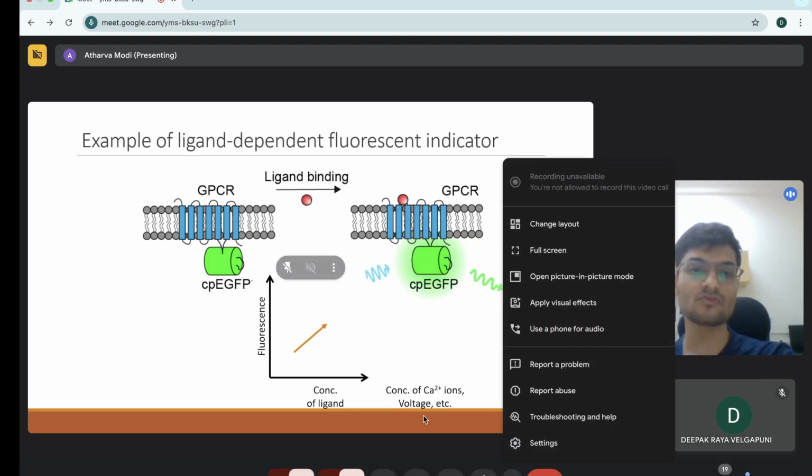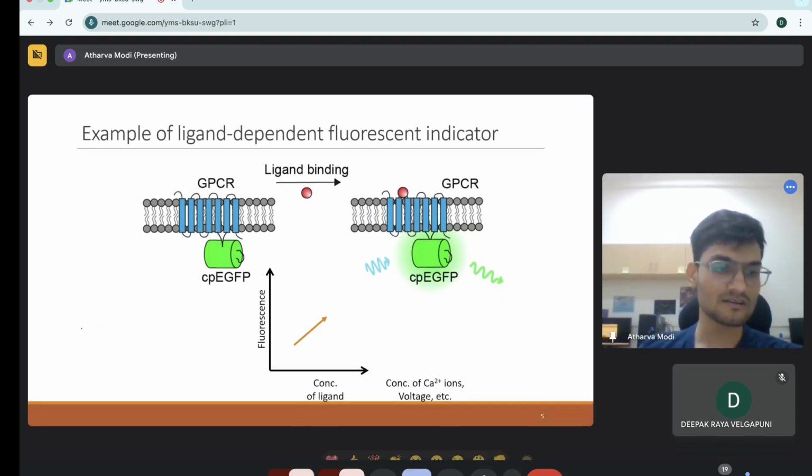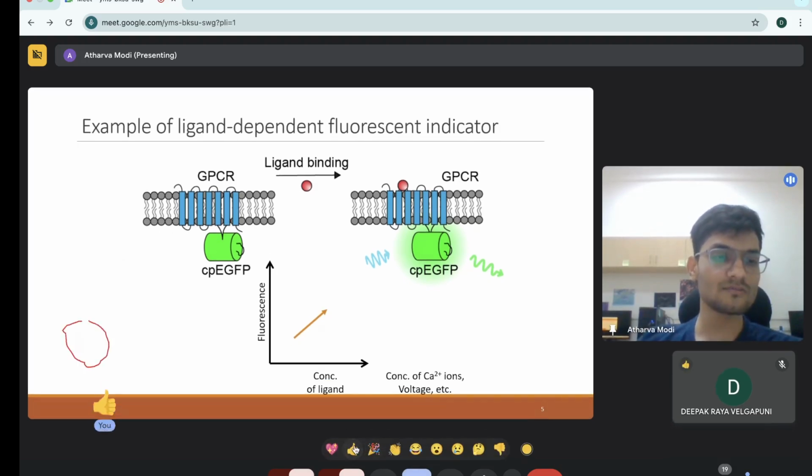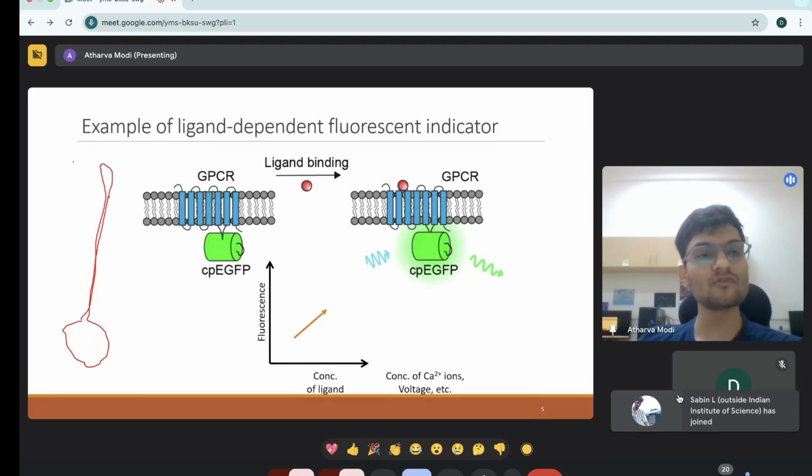A neuron looks like this: this is the cell body and this is the axon. If you want to measure something here, then this receptor should be expressed here, this biosensor, not in the cell body.